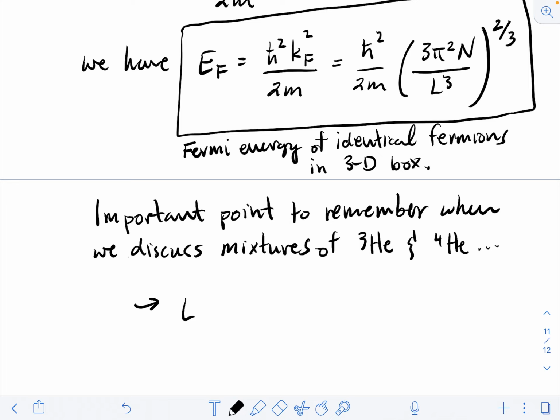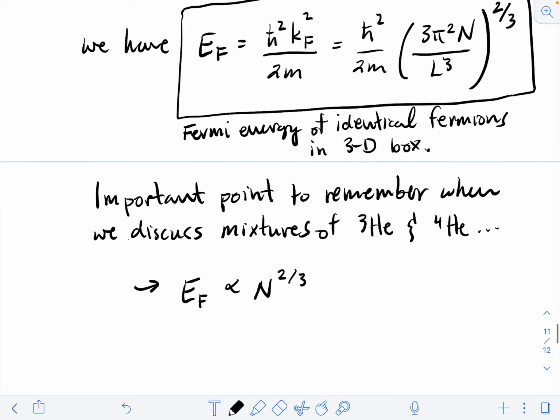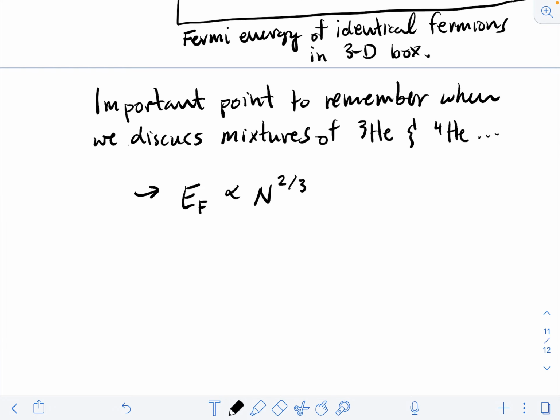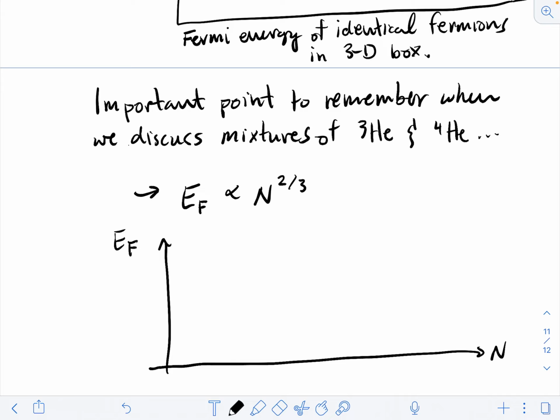What our analysis has shown is that this Fermi energy is proportional to n to the 2/3. So it's a little bit slower than linear in n. If we were to plot this, the Fermi energy as a function of the number of particles, n to the 2/3 looks something like that. Okay? And so good, that's where we'll stop.